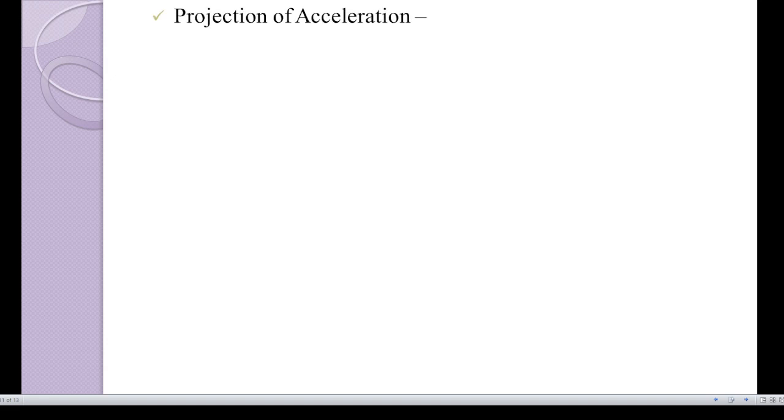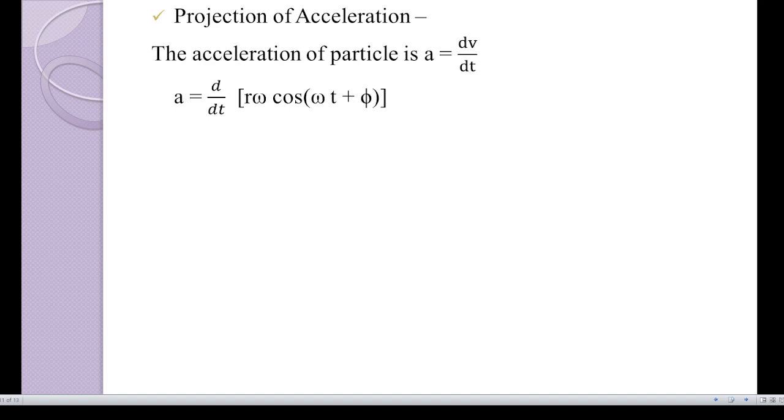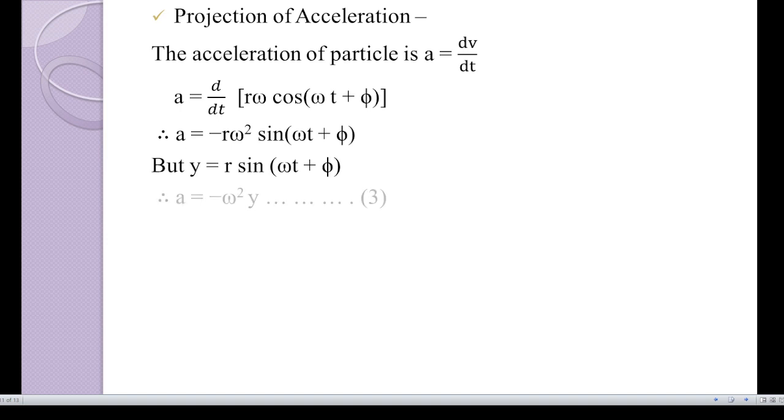Now, talking about the projection of acceleration. Acceleration of the particle, a, is equal to the derivative of velocity with respect to time, and a is equal to d by dt of, in bracket, r omega cos omega t plus phi. Taking the derivative, we can write acceleration a is equal to minus r omega square sin omega t plus phi. But we know that y is equal to r sin omega t plus phi. Putting this in the above equation, we can write acceleration is equal to minus omega square y.